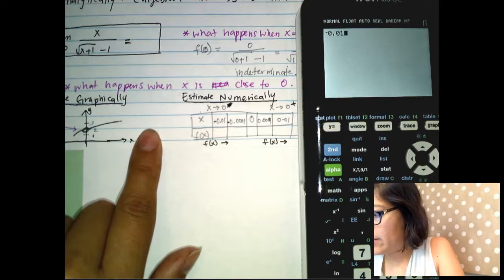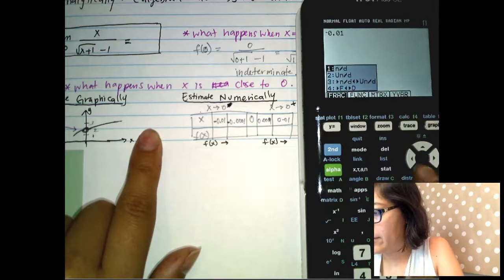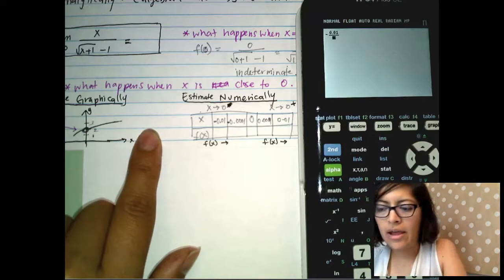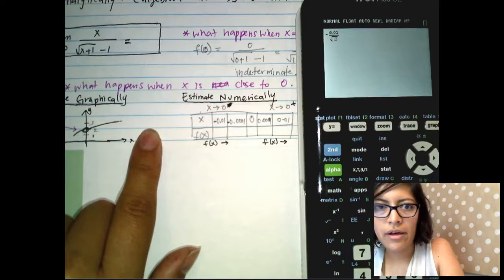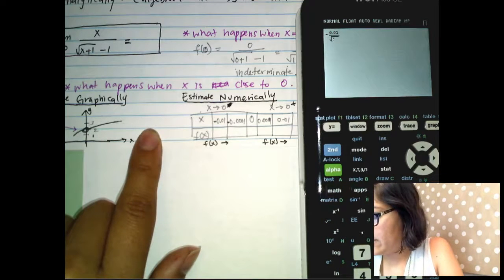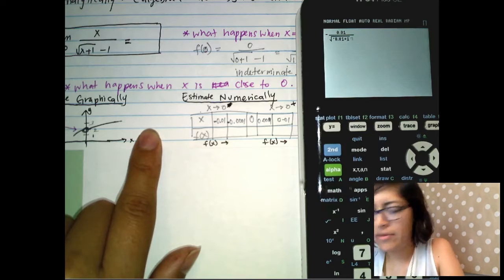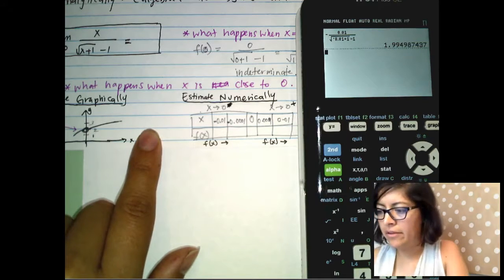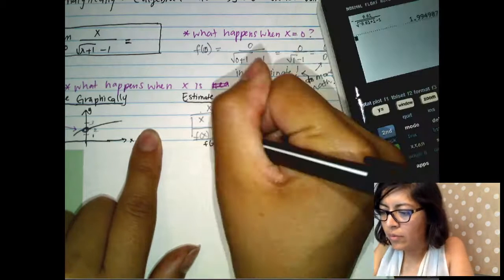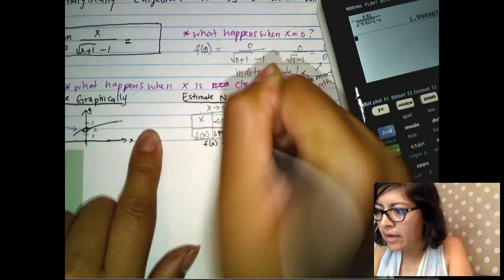You can do the fraction bar like we did earlier, so we have the square root of negative 0.01 plus 1, and then outside the square root we have minus 1. Enter, and there's our value, about 1.9949.